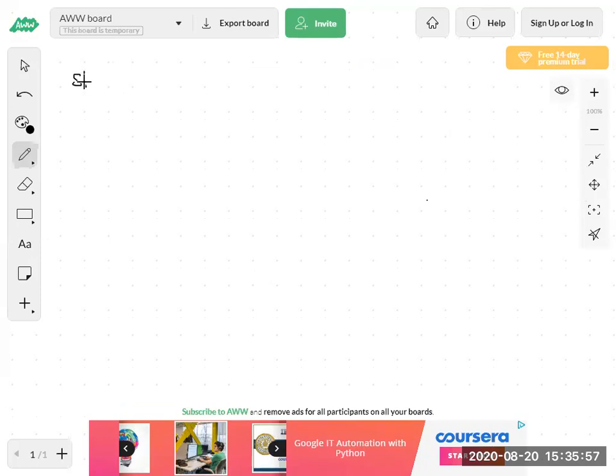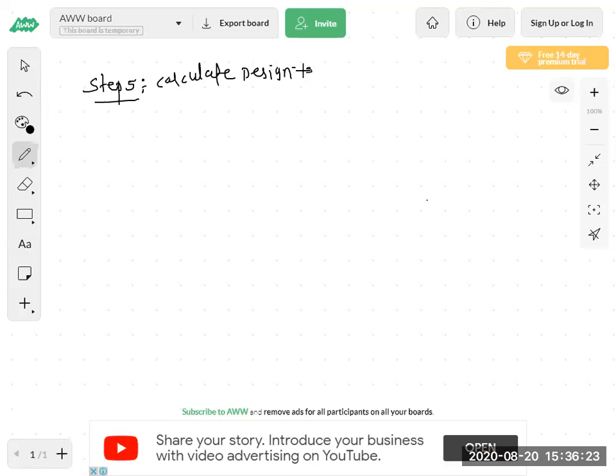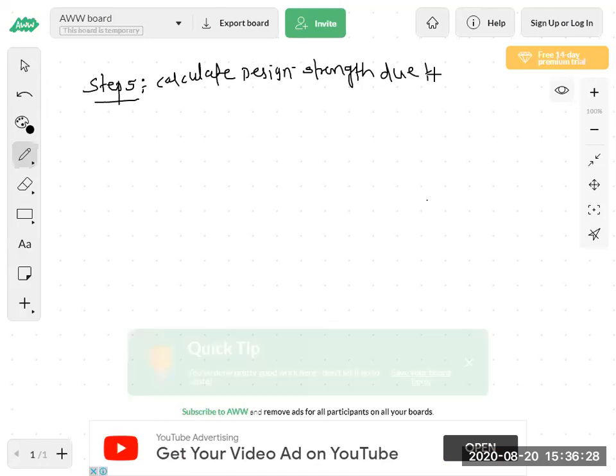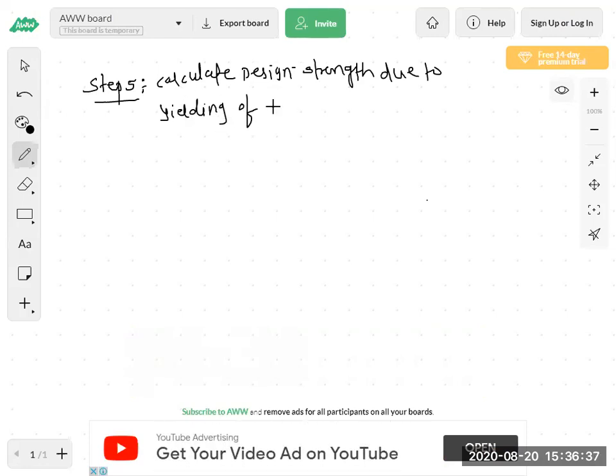Now we will see the next step, that is step number 5: calculate the design strength due to yielding of gross section.